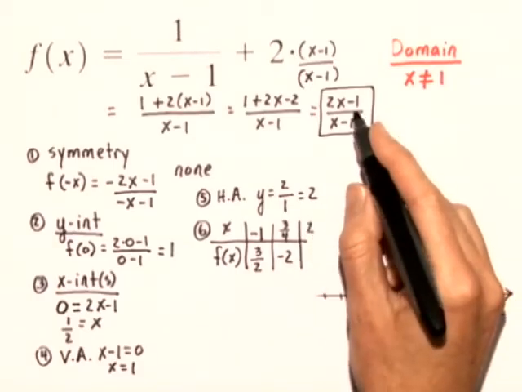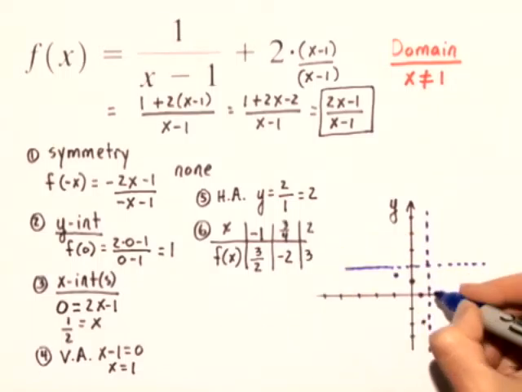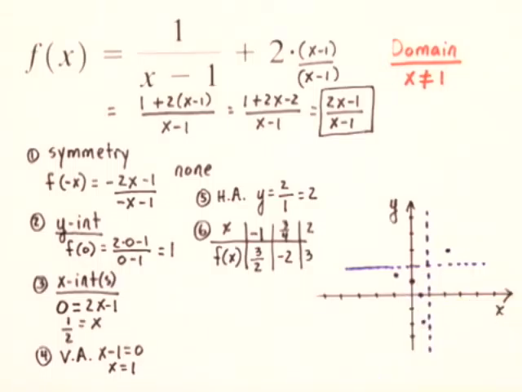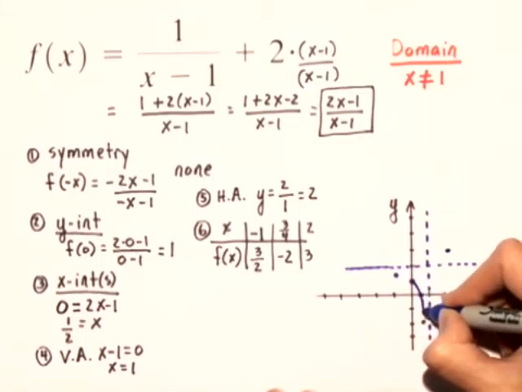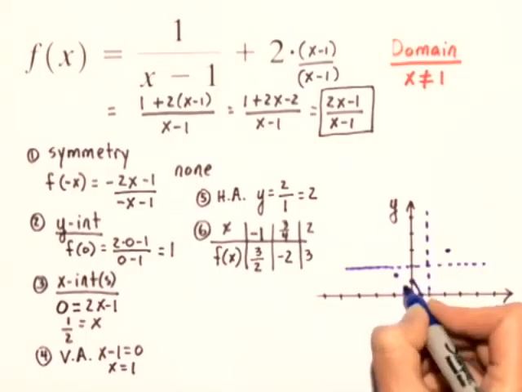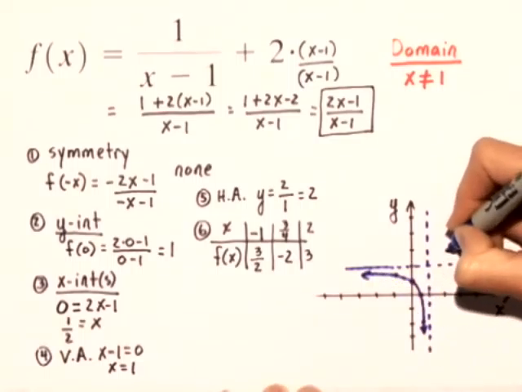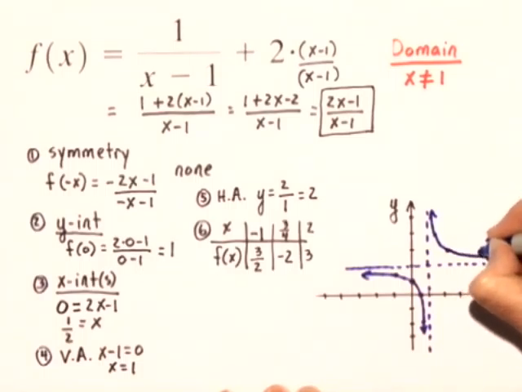When I substitute in 2 in my rational function, I end up with 3 as the function value. So (2, 3) is my point. Now I'm ready to make my final sketch, remembering that when I make this smooth curve, it always tends toward the asymptotes. And there's a graph of my rational function.